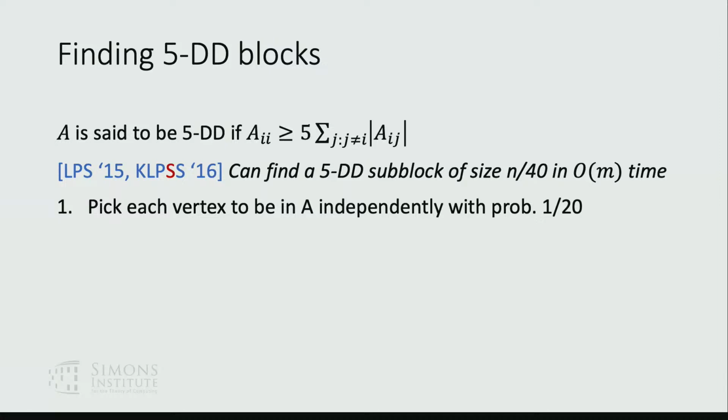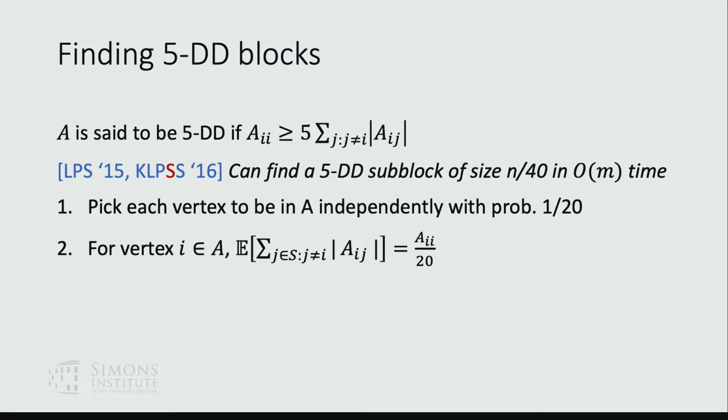Now, if I look at a vertex in A, what is the expected sum of its off diagonals? The expected sum of its off diagonals is exactly equal to the diagonal over 20, because each of the other terms is included in the sum independently with probability 1 over 20. So I expect to only see 1/20th of my diagonal term.